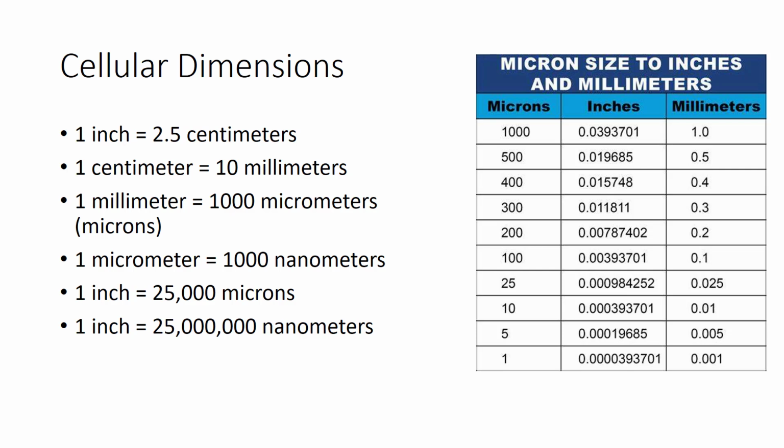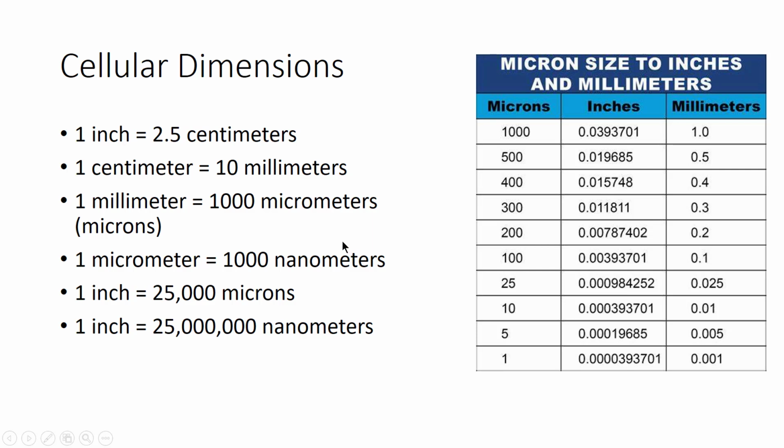You can then go even smaller if you're going to measure the size of a protein or a specific subcompartment of a cell. And then you can take that one little micrometer, which 1,000 of those fit into a millimeter, and for every 1 micrometer, you have 1,000 nanometers.